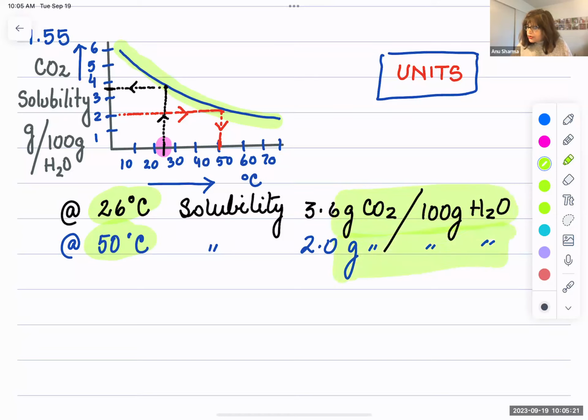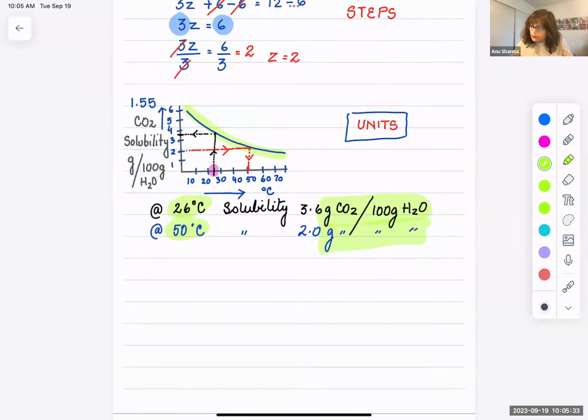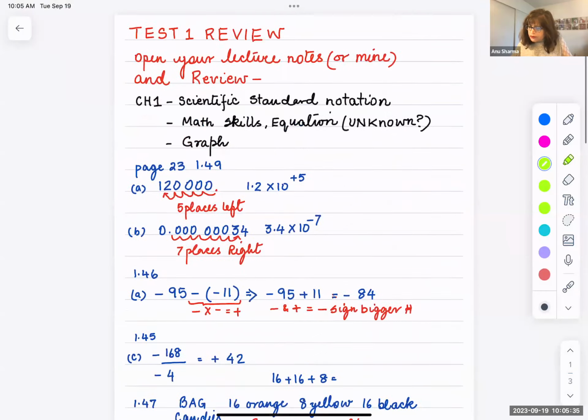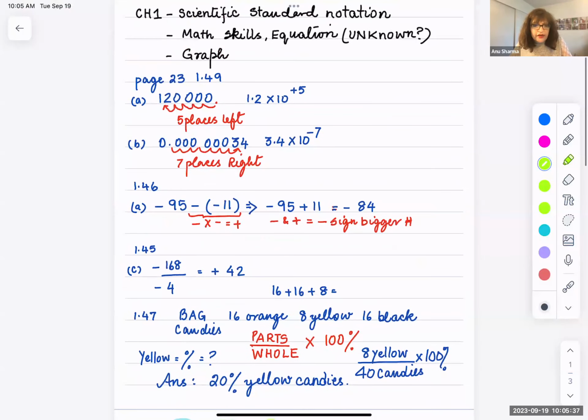Okay. And now we are going to look into the next chapter, chapter 2, where we are going to look at these units and the conversions of the units. Okay. All right. Now, next chapter. So far, so good. Any questions so far? Anyone? No problems, right?